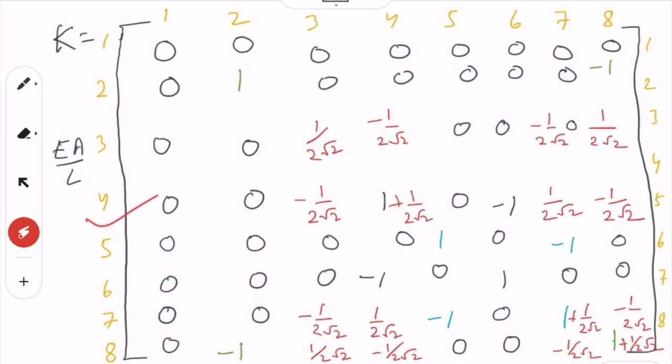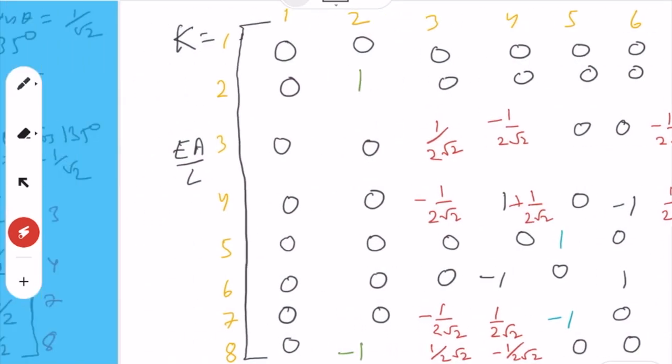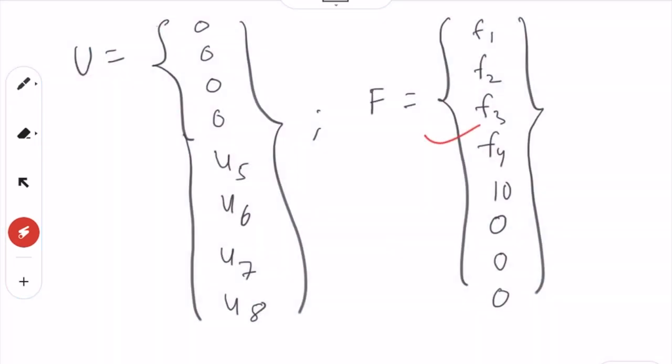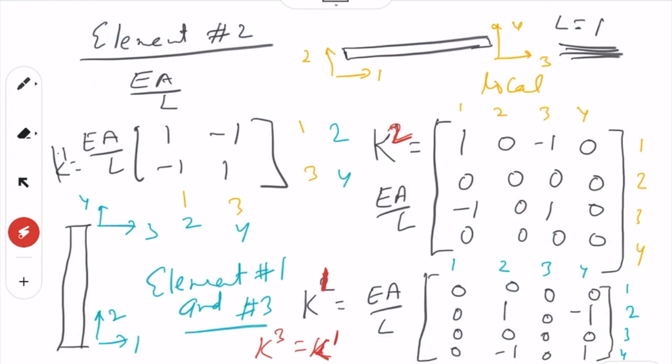This will give you all the forces, including all the unknown values. These are the reactions F1, F2, F3, F4, because these degrees of freedom are fixed, and hence you will get the reactions. Once you get the reactions, only then will you be able to find the stresses, and stresses can be found the way I explained in the last lecture video.